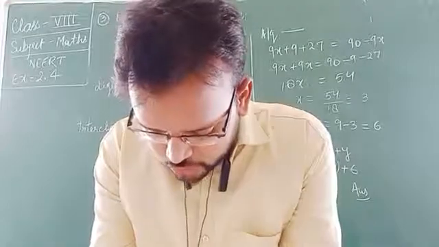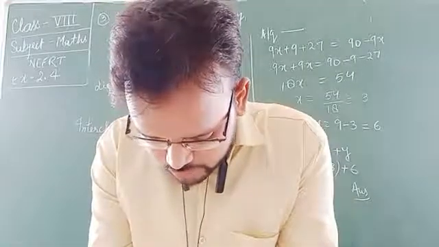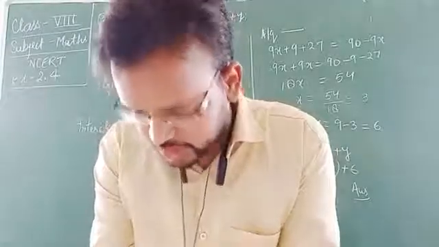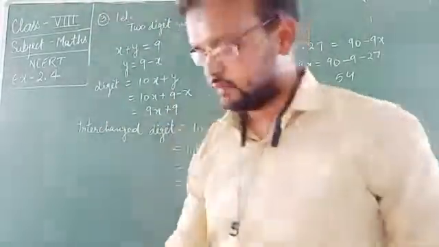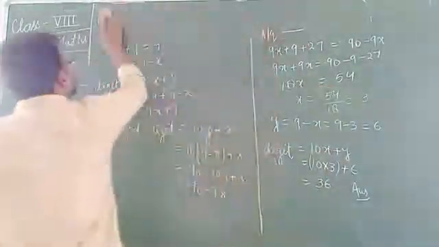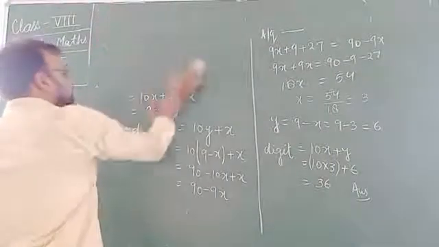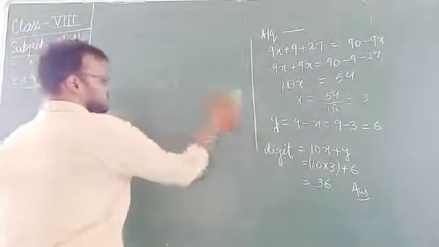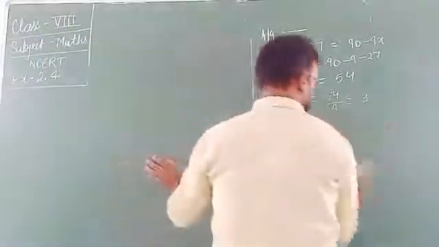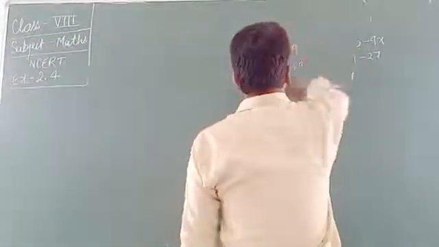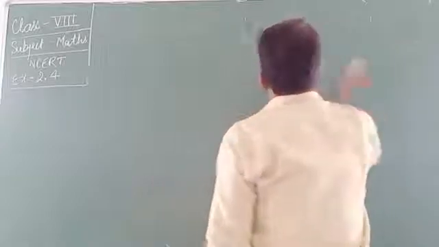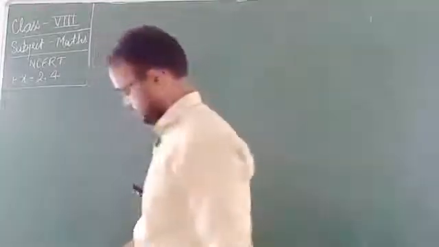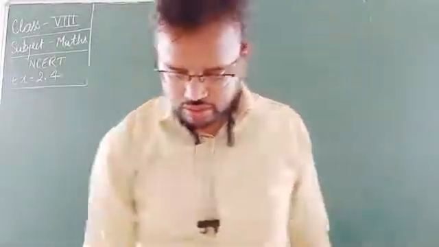One of the digits of a two-digit number is 3 times the other digit. Okay. Now see question number 4.